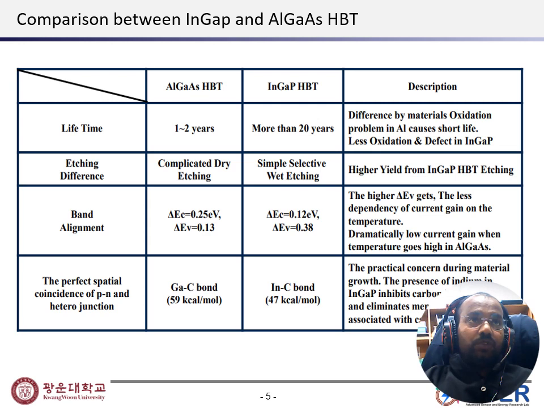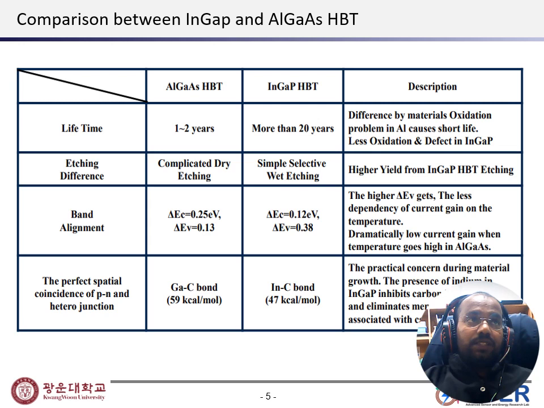It is 1 to 2 years, but we can see there is more than 20 years for indium gallium phosphide, and the main difference is the material oxidation problem in aluminum, which causes short life, while there is less oxidation and defects in indium gallium phosphide.